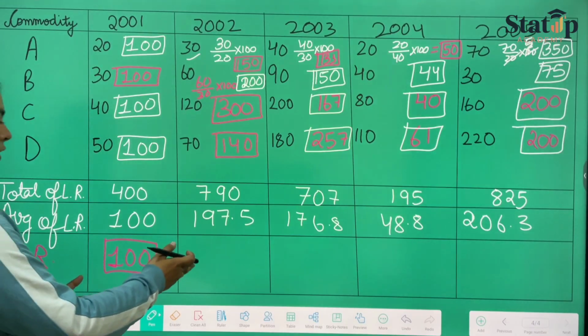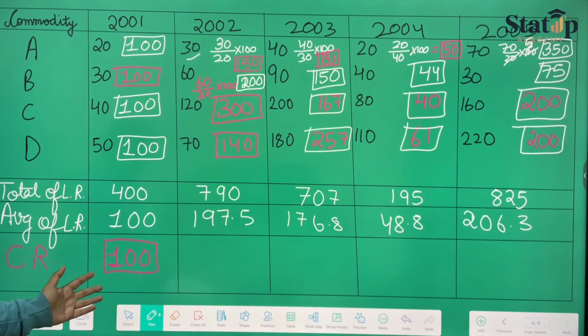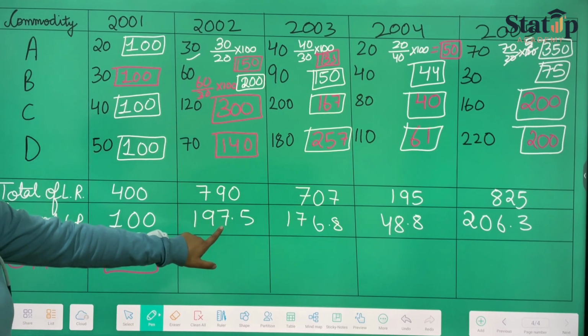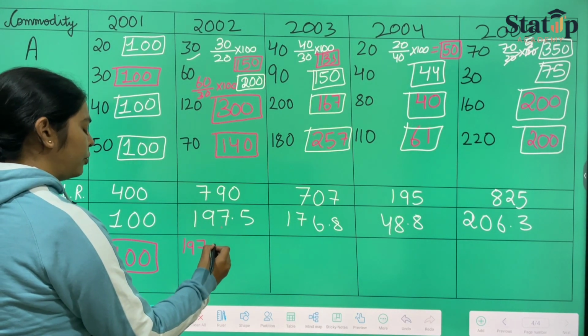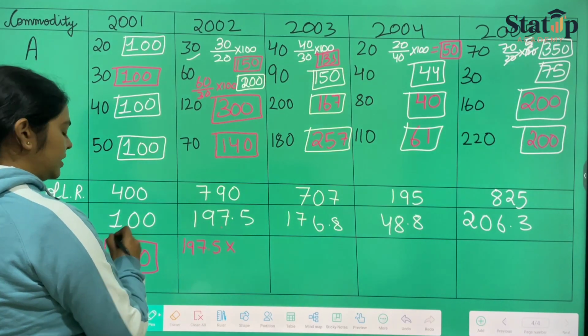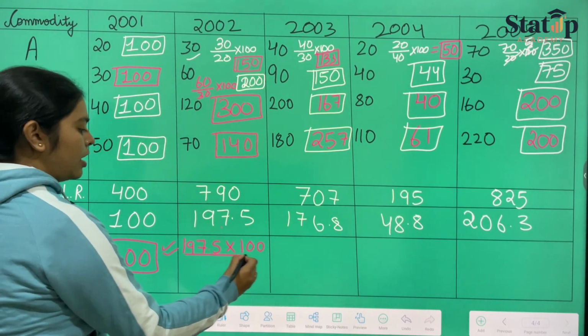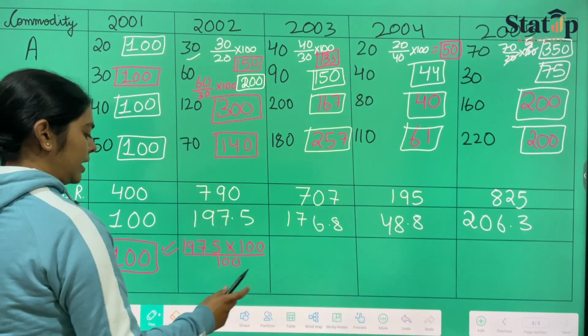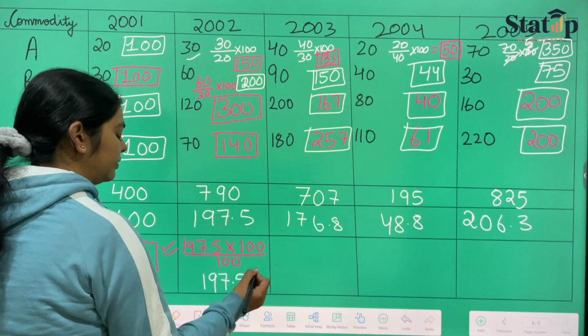Okay. Now for this one, current year's link relative, which is 197.5, into previous year's chain relative, which is 100 here, upon 100. So we get the answer as 197.5.